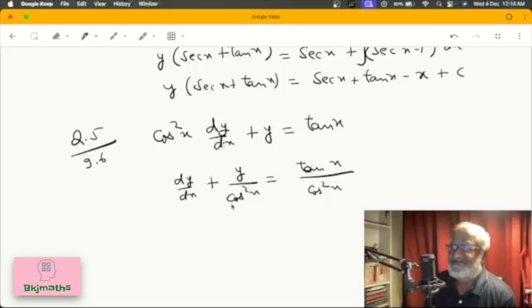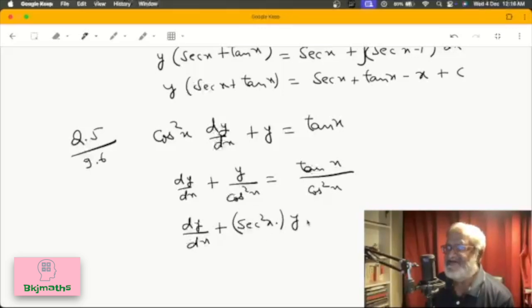The coefficient of dy by dx must be 1, so that's why we divide by cos square x. So our standard form of the equation is dy by dx plus 1 upon cos square x, which is sec square x, into y equals to tan x into sec square x.